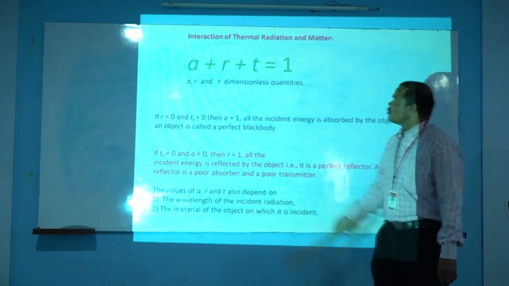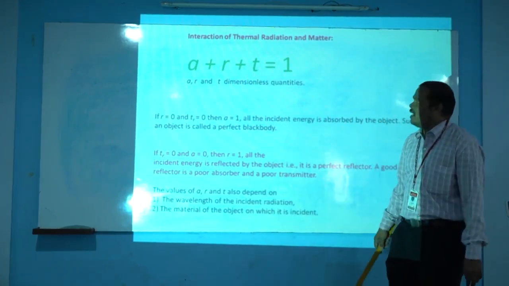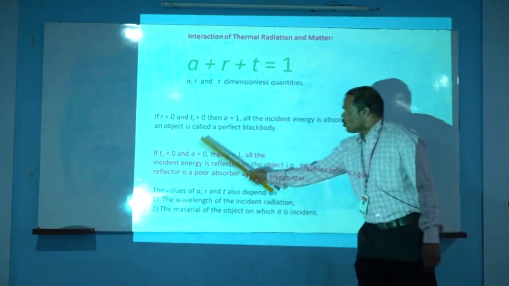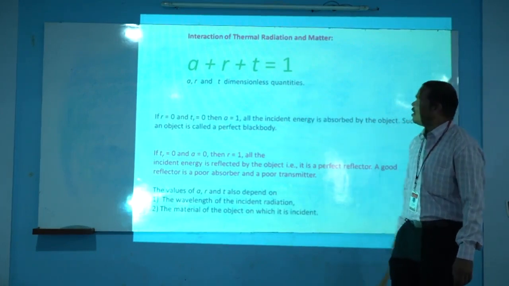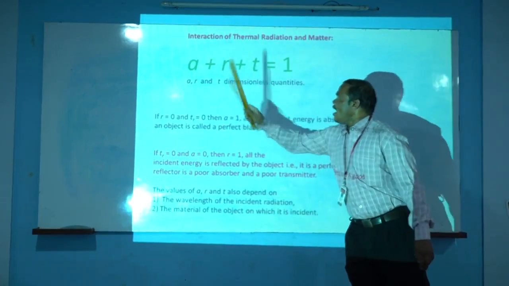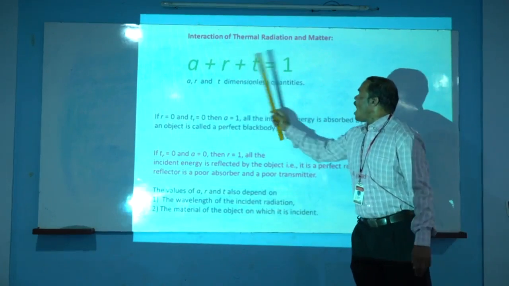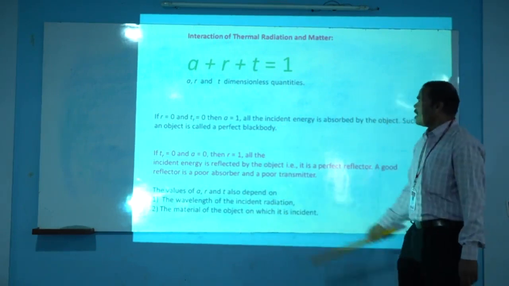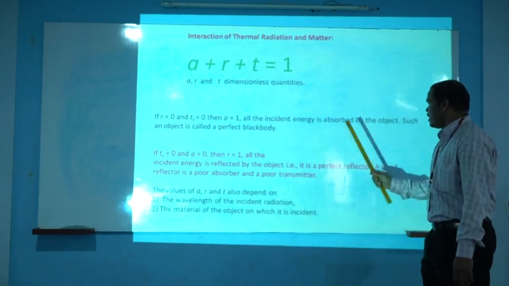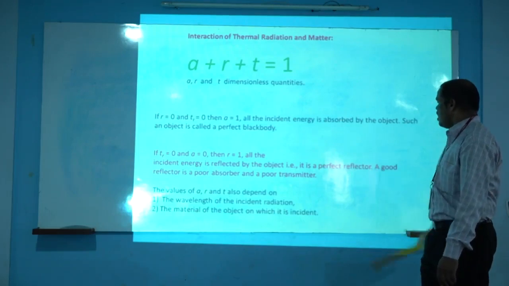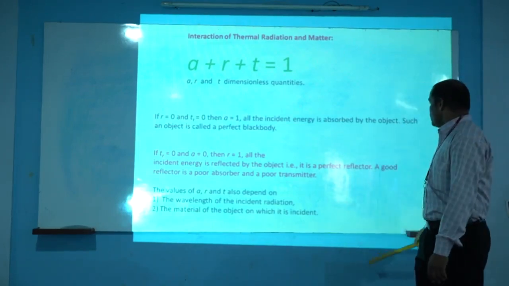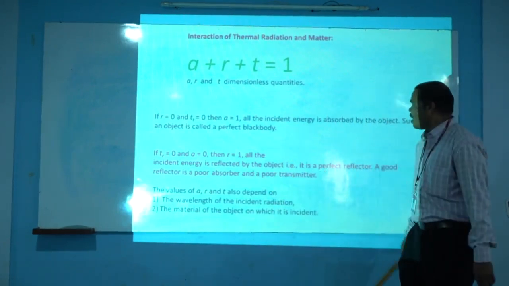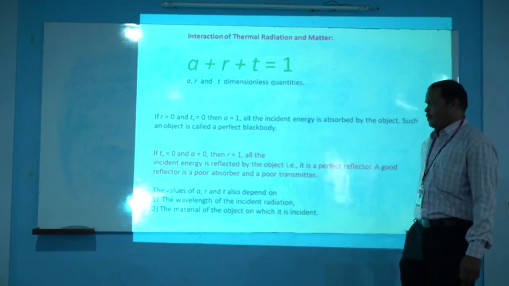Secondly, if we substitute the coefficient of transmission T equal to 0 and also A equal to 0 in this equation, we get only R equal to 1. That means all the incident energy is reflected by the object, that is, the object acts as a perfect reflector. Then we can say that a good reflector is a poor absorber and a poor transmitter.